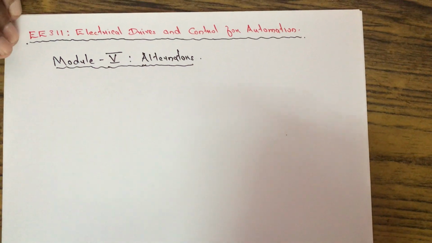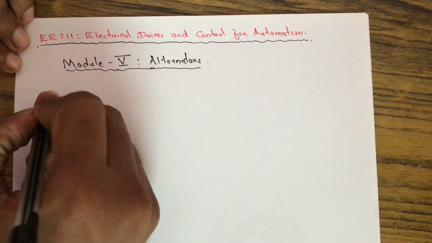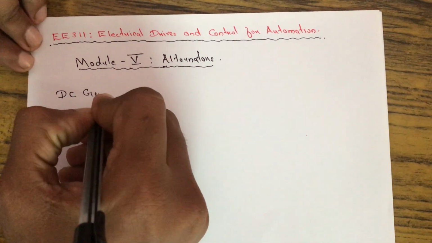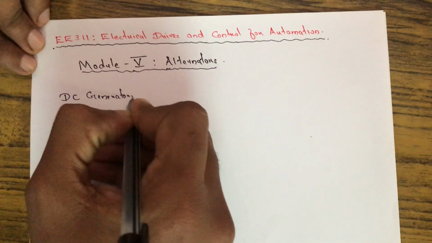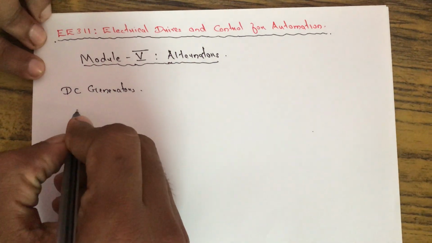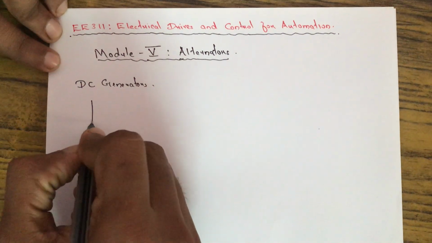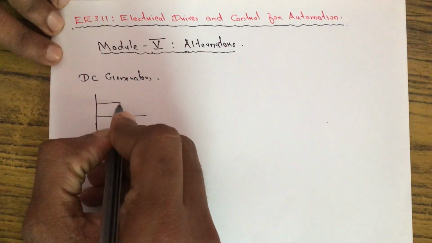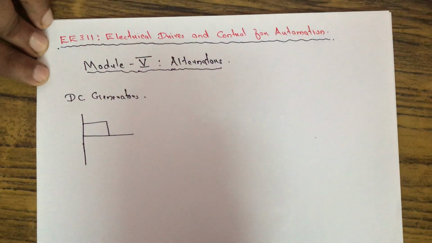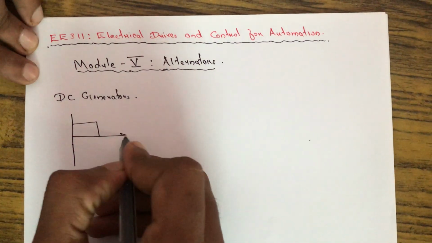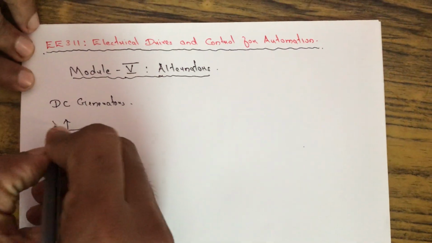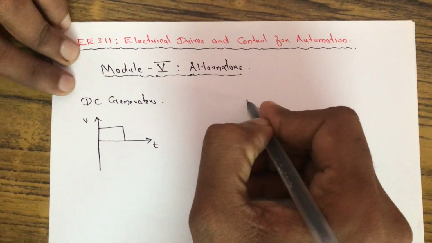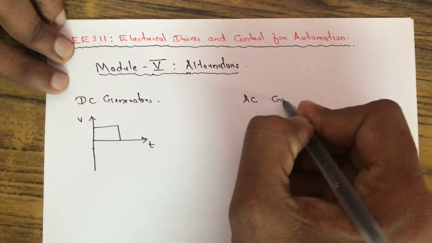Before that, we have studied about DC generators, right? DC generators are used to produce DC voltages, and now we can study about the AC generators.